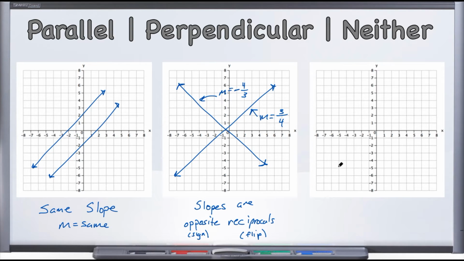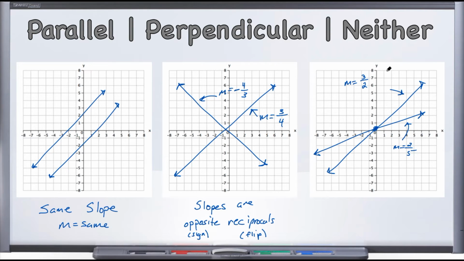And then, of course, if we have lines that are neither parallel nor perpendicular, then we'll have lines that are simply going in two directions. They do intersect, except the slope of the first line here maybe is 3 halves, and then the slope of the second line is maybe 2/5, something like that.